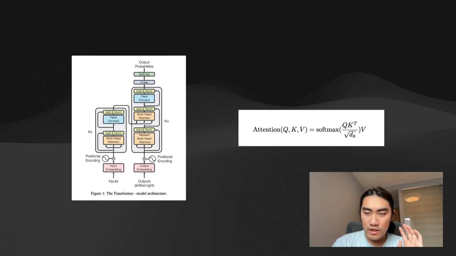So the encoder-decoder architecture itself is not very important, but there is something very interesting here: it introduces a layer called multi-head attention, which we call an attention mechanism. Attention is the formula on the right side. Attention(Q, K, V) is softmax of QK^T divided by the square root of d_k, and we run softmax over that and multiply by V.